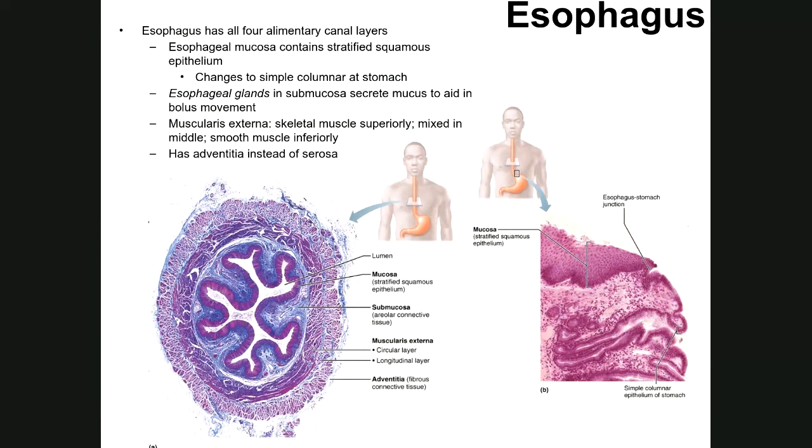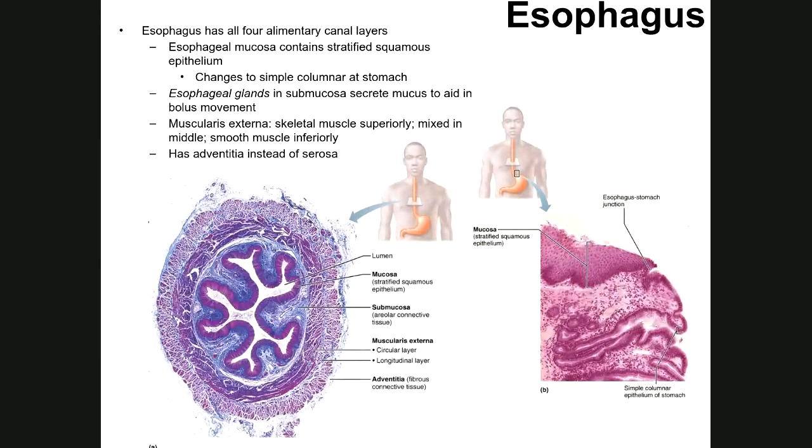The esophageal glands secrete mucus to aid in bolus movement. The muscularis externa is skeletal muscle at the top, mixed in the middle with smooth muscle, and smooth muscle inferiorly.